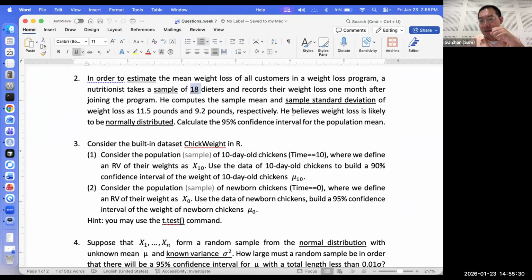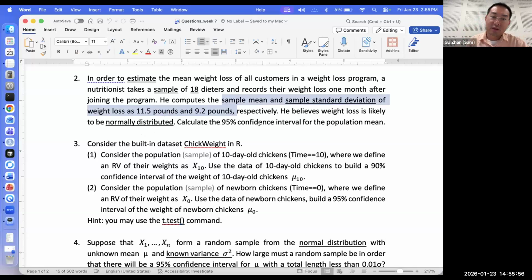Any sample size smaller than 30 will alert you. The sample mean and sample standard deviation of the weight loss are already told you. The sample standard deviation is known to you, not the population. Then he believes the weight loss is normally distributed. That means the population is normally distributed.